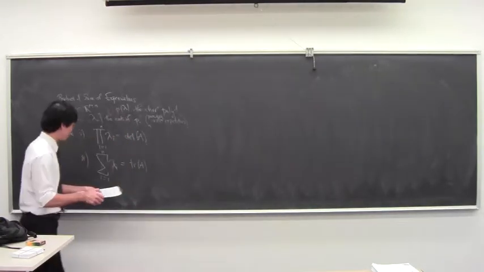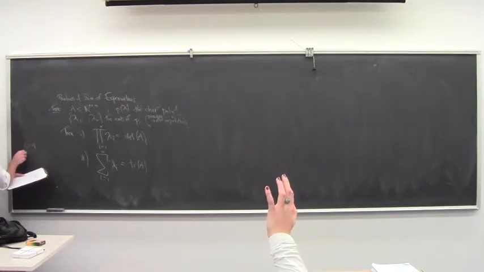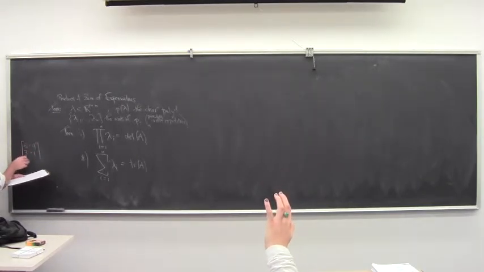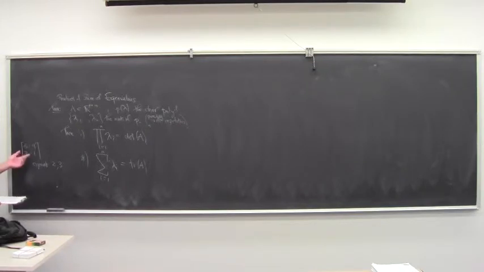Like last time, we looked at this matrix, and we found that it had eigenvalues 2 and 3. If we look at the product, we get 6.